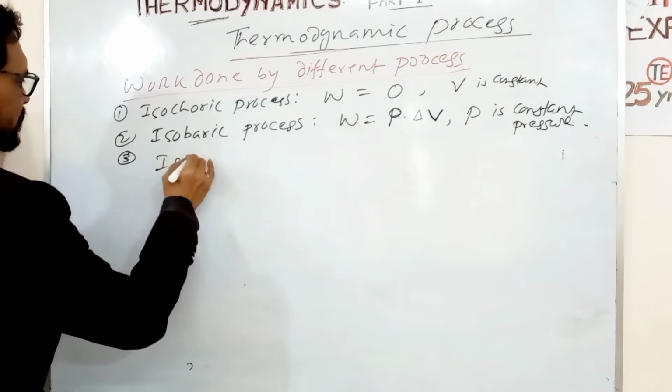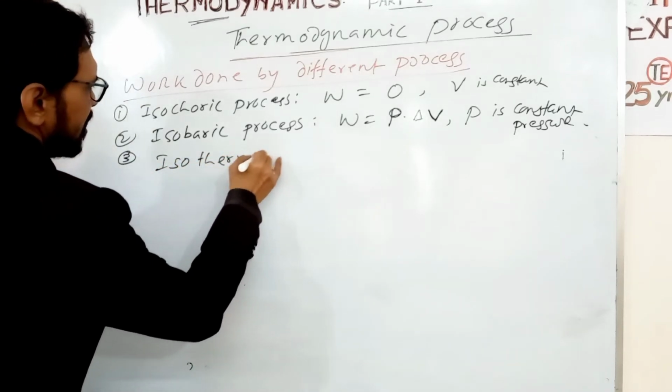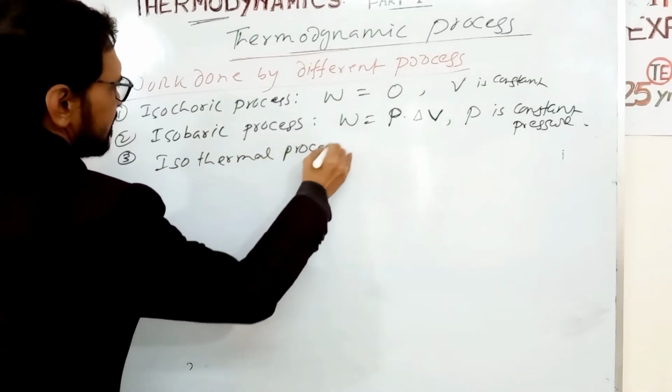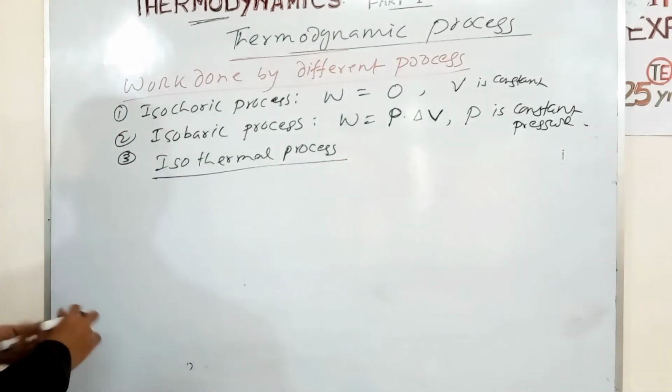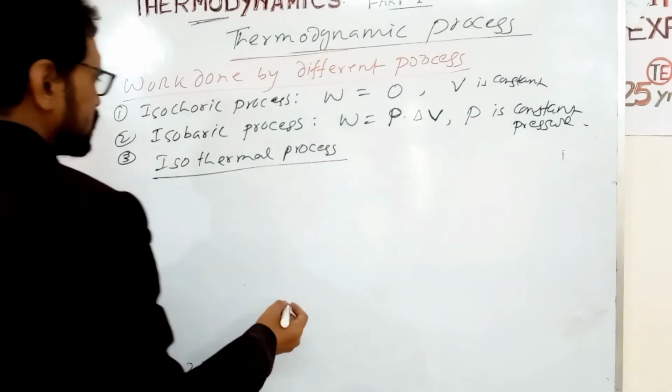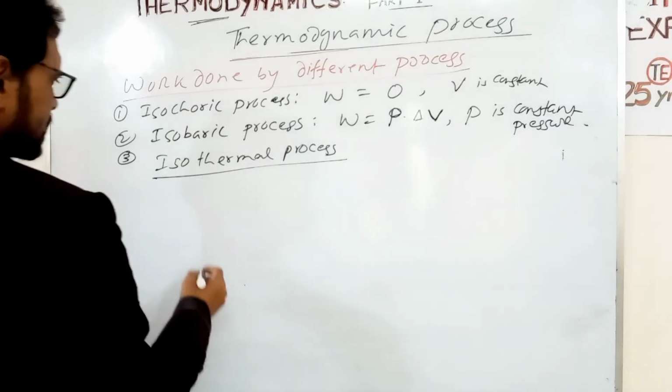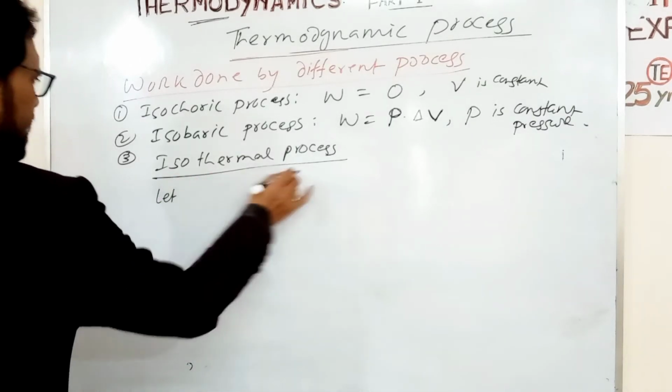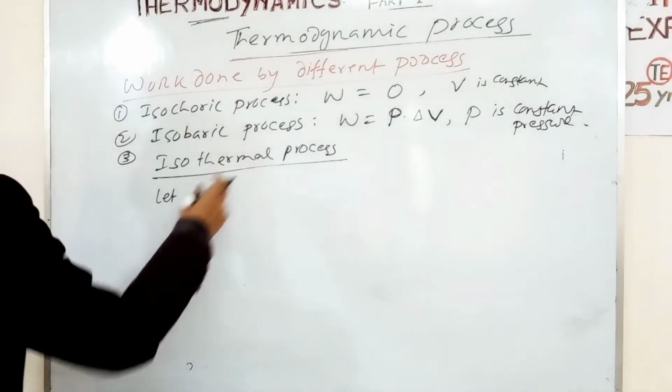Now the third is the isothermal process. What is work done in the isothermal process? This is the derivation of work done in the isothermal process.